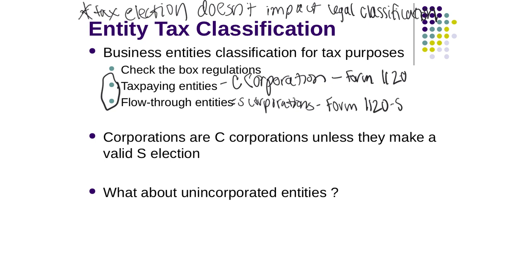That's why it's Form 1120, but it's an S corporation, so that makes it Form 1120S. Other flow-through entities, we have partnerships, and those are on Form 1065.